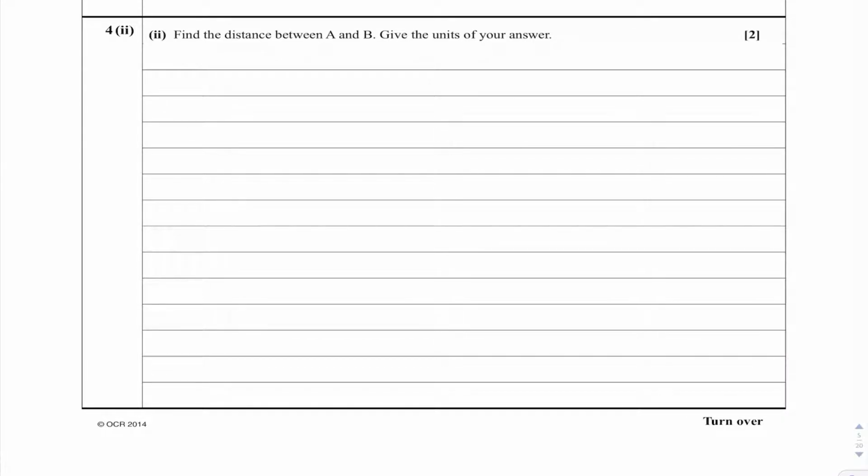Question 4.2. Find the distance traveled between A and B. Give the units of your answer. Well, there are two times, t equal to 0 and t equals 600. At initial time t equal to 0, s is equal to 0.